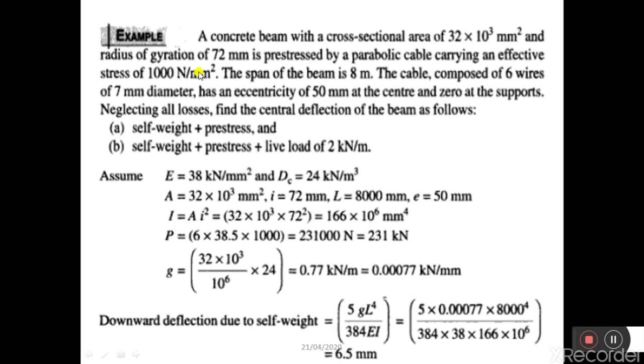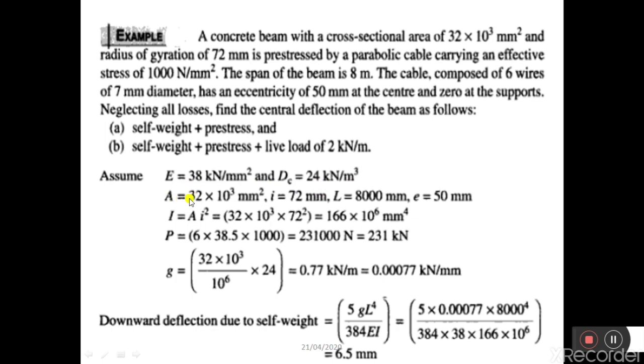So in the question, Young's modulus is not given and density of concrete is not given. So let us assume Young's modulus of steel as 38 kN per millimeter square and density of concrete as 24 kN per meter cube. So density of concrete we should assume to calculate self weight of a member.